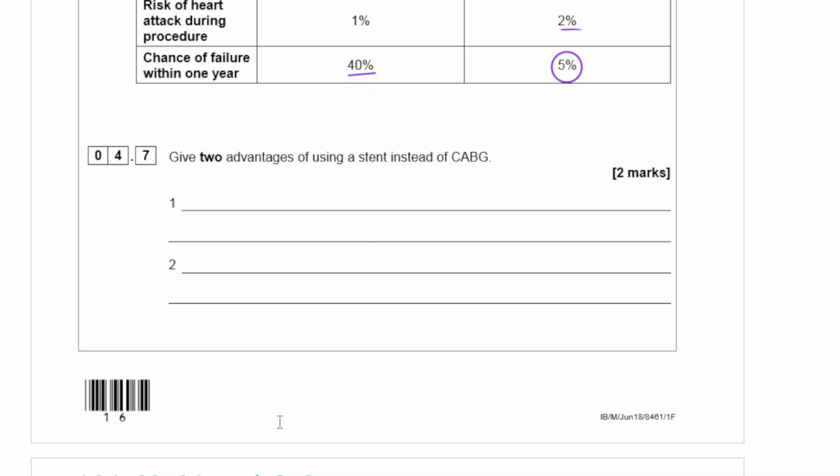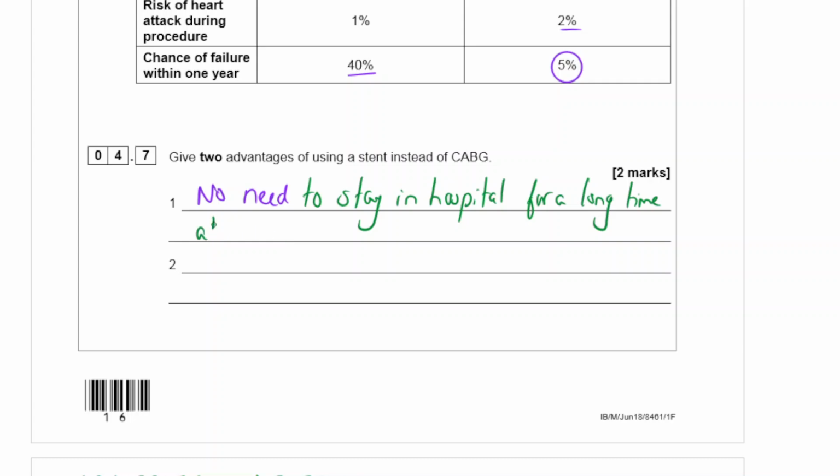Okay, question: give 2 advantages of using a stent instead of a CABG. Now, one advantage of using a stent is no need to stay in hospital for a long time after the procedure.